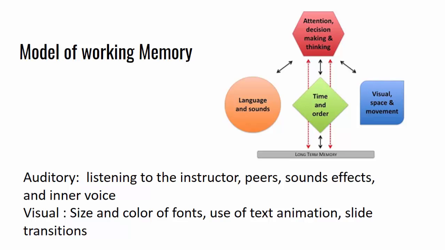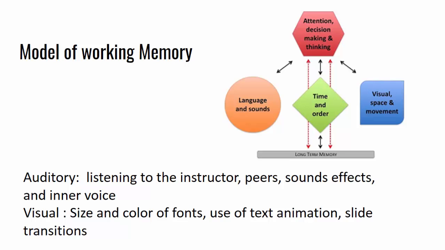In a classroom PowerPoint lecture setting, a student is receiving many auditory signals. They're listening to the instructor. Perhaps they can hear some peers talking. And then there are the sound effects in the PowerPoint themselves, and this could be clicks, videos, or transition audio. And they're also receiving multiple visual signals.